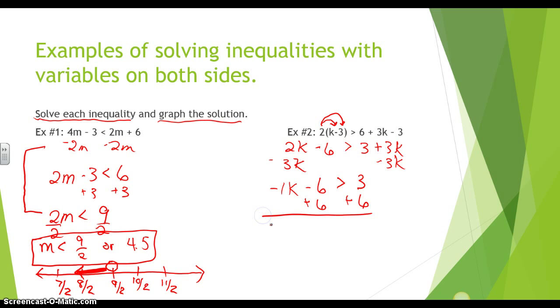So what I'm left with is negative 1k is greater than 9. I still need to get k by itself, so I'm going to divide each side by negative 1. Dividing by a negative, we're going to flip the sign, so I have k is less than negative 9. That is what I've solved for, so I now need to graph it.